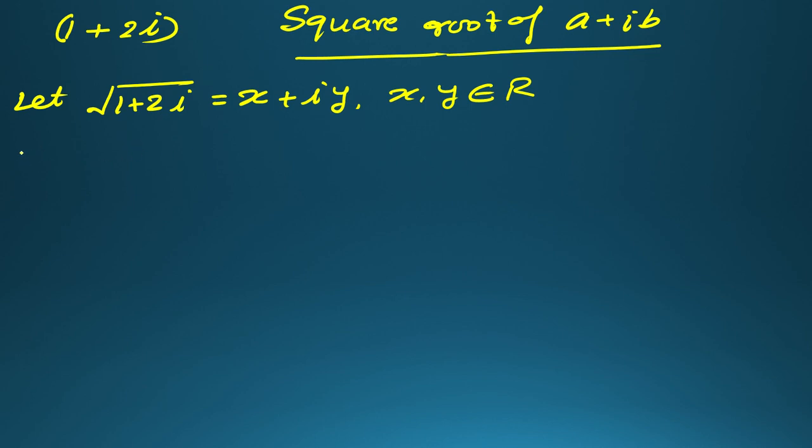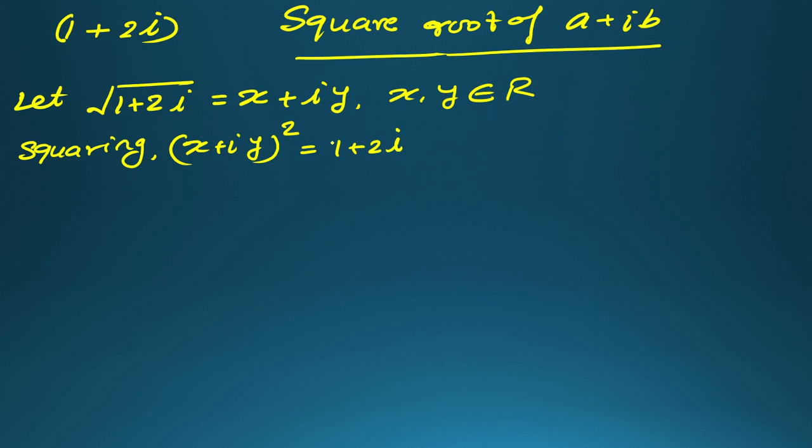Now how can you solve this equation? Squaring both the sides, what will you get? You will get (x plus iy) whole square is equal to 1 plus 2i. Now, my dear students, here you must take care of one very important thing.